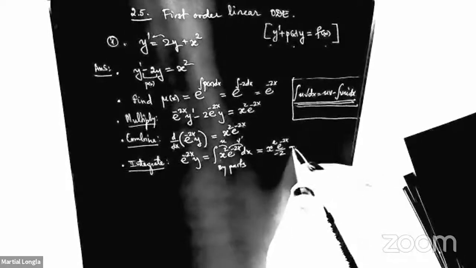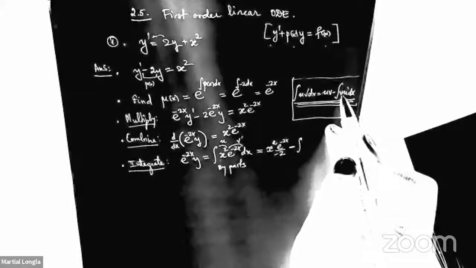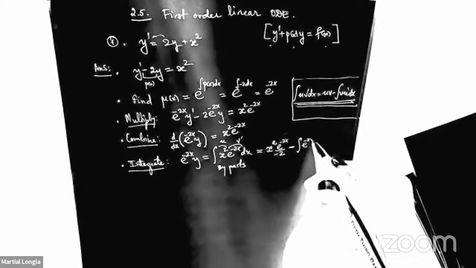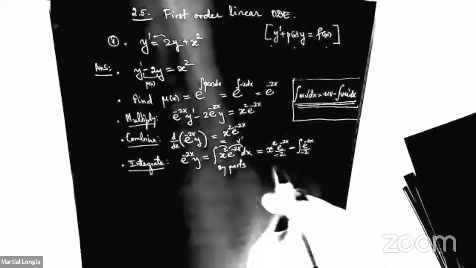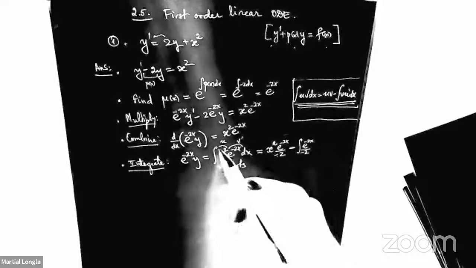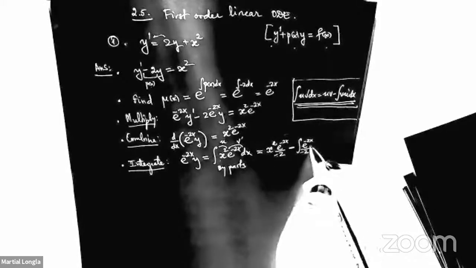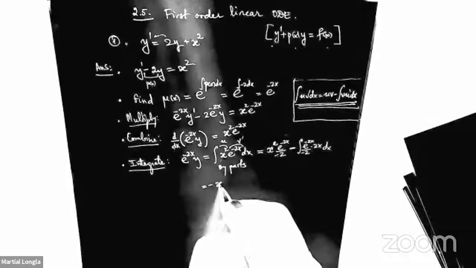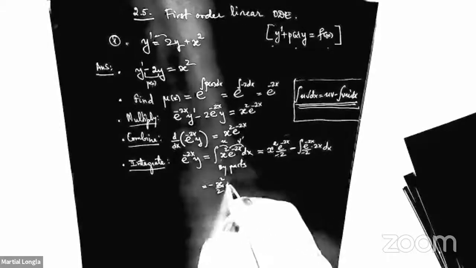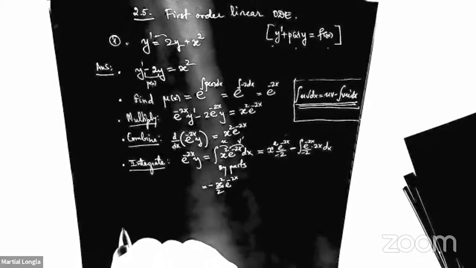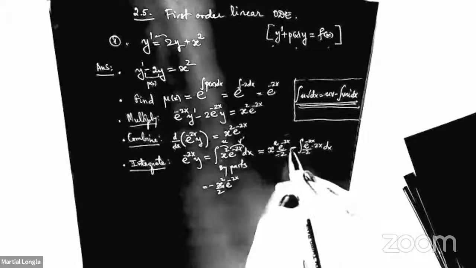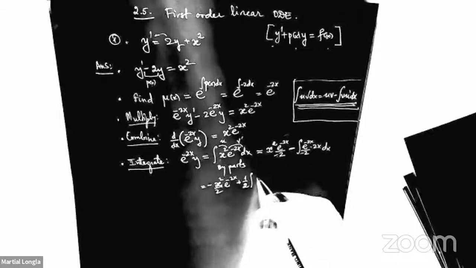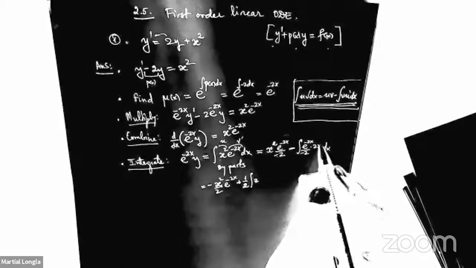And then you go minus the integral of v, e to the minus 2x over minus 2, times u prime, and u prime is 2x dx. So you get minus x squared over 2 e to the minus 2x. Minus and minus, that's plus 1/2 integral of 2x.